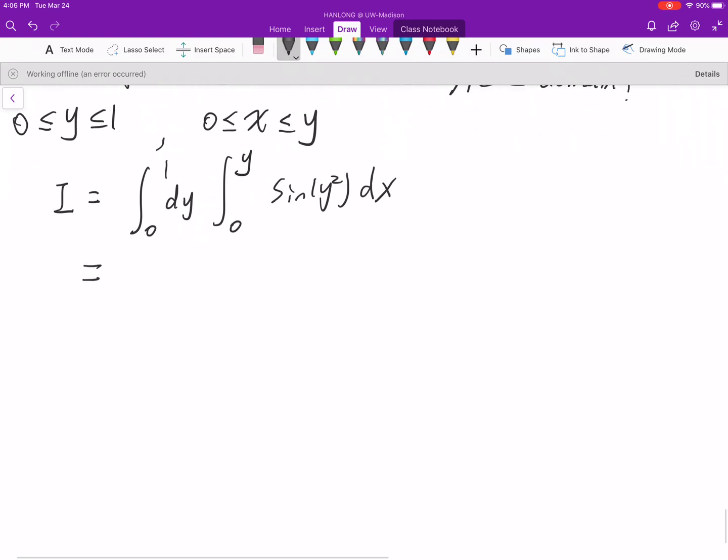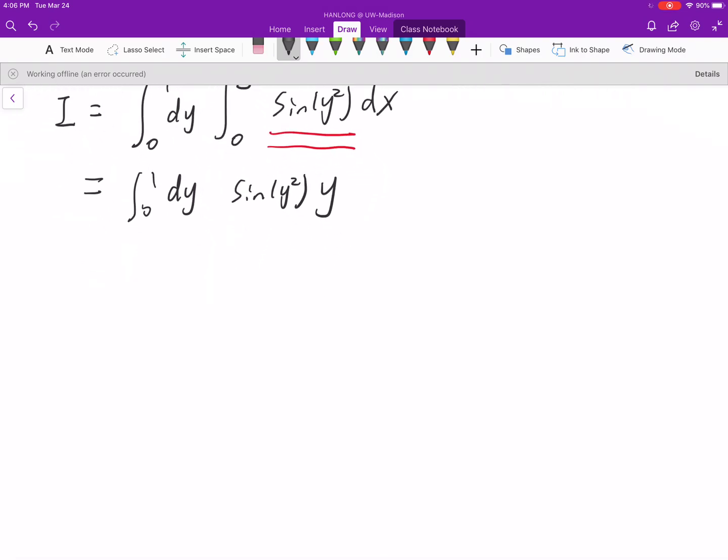And then the inside function is a constant with respect to x. Therefore, finally, you have this integral to evaluate.